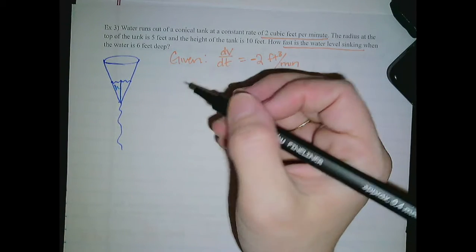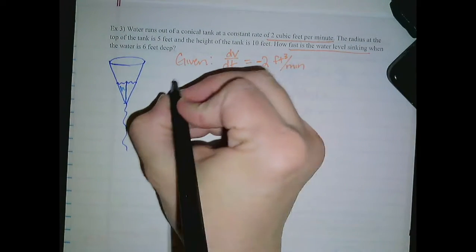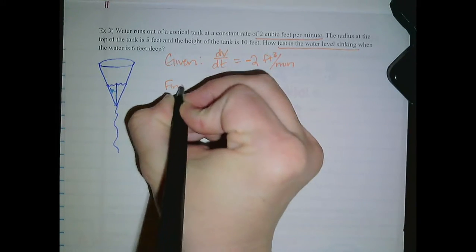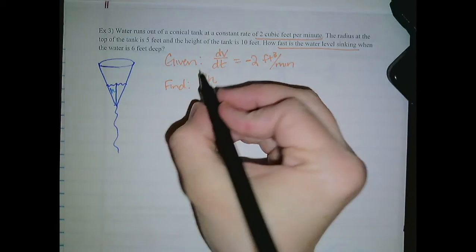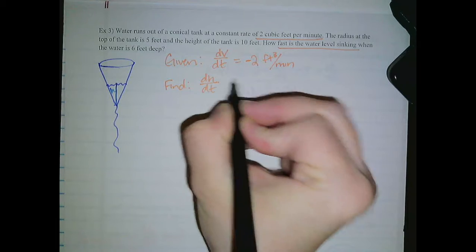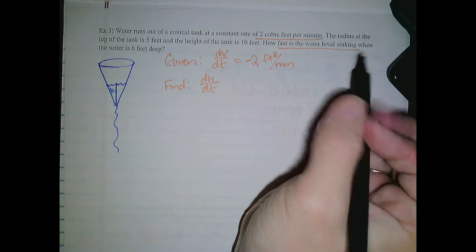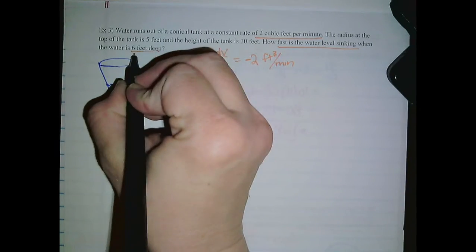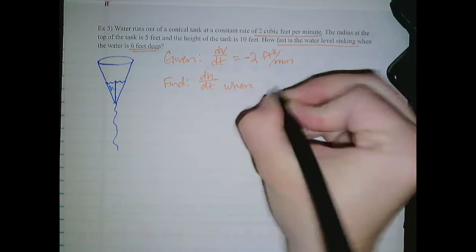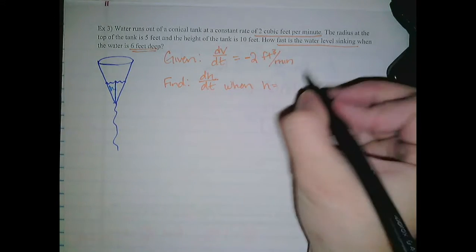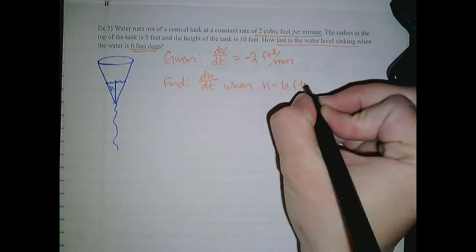So since I called it H here, then that means that we are going to find the rate of change of H, the height of the water, with respect to time. And specifically, we want that when the water is 6 feet deep. So when the depth of the water, which we're calling H, is equal to 6 feet.